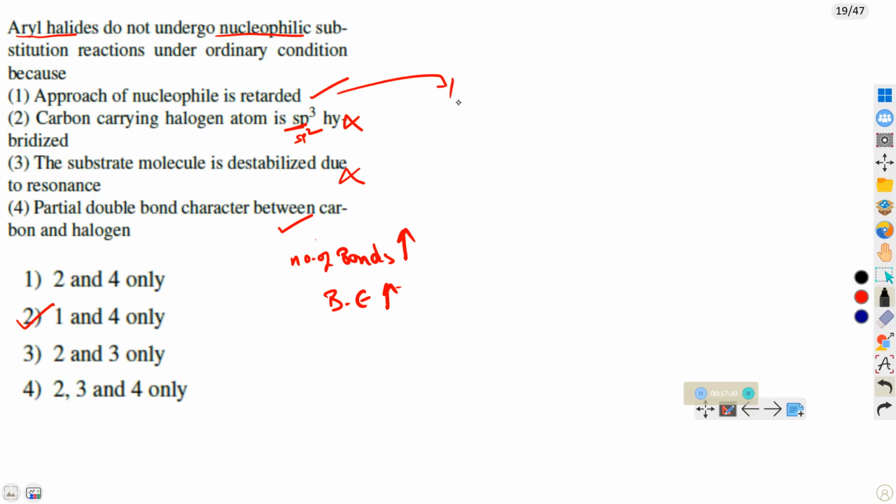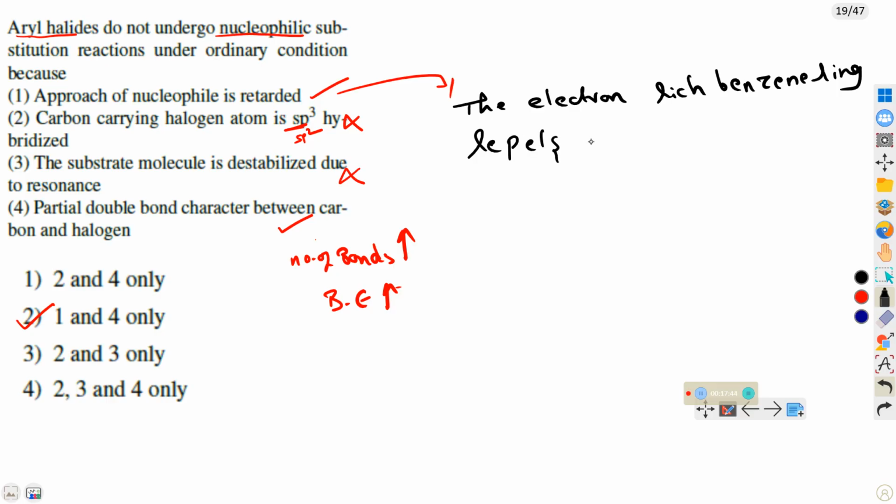Because the electron-rich benzene ring repels the approaching negatively charged nucleophiles.